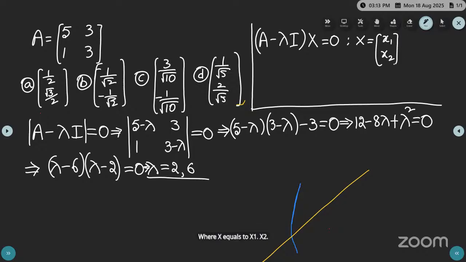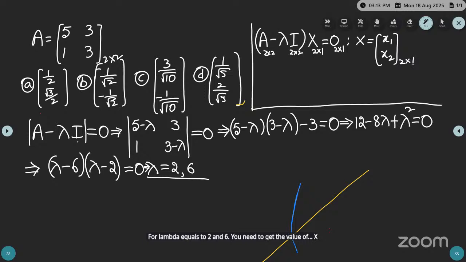Since A is of order 2 by 2, I is of order 2 by 2, x must be of order 2 by 1. Then 0 is a null matrix of order 2 by 1. We need to find x values for each lambda, for lambda equals 2 and 6. You need to get the value of x.